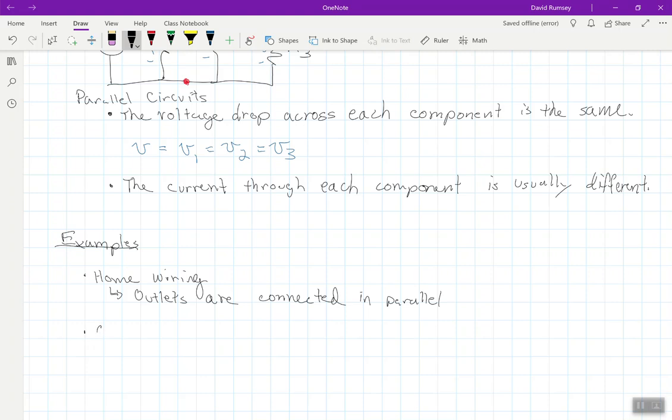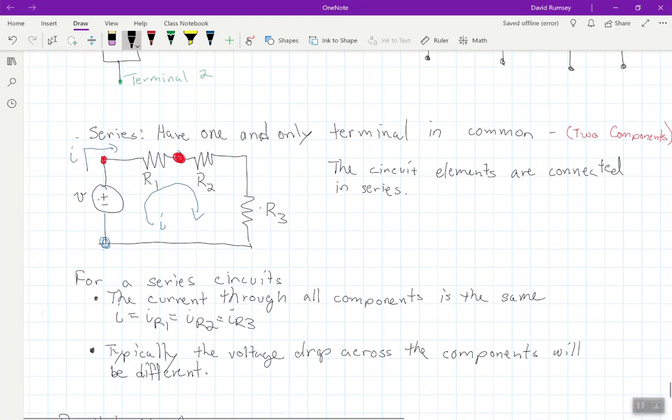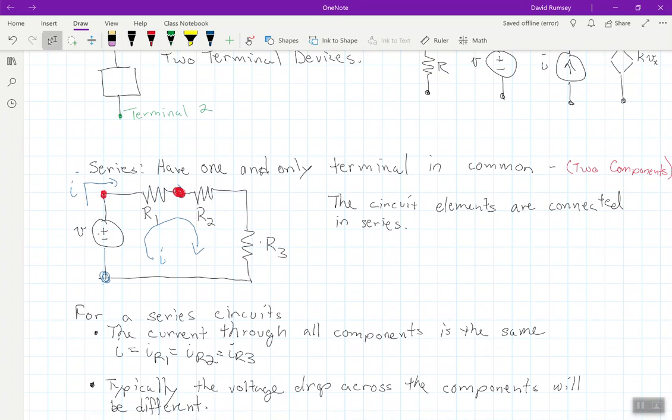Well, let's look at another one here, Christmas lights or holiday lights. I'll say cheap ones, because some of the more expensive ones aren't wired like this. Cheap ones are wired in series. And how do I know that they're wired in series? Well, if I disconnect one light bulb in a string of holiday lights on the cheap ones, the whole string goes out.